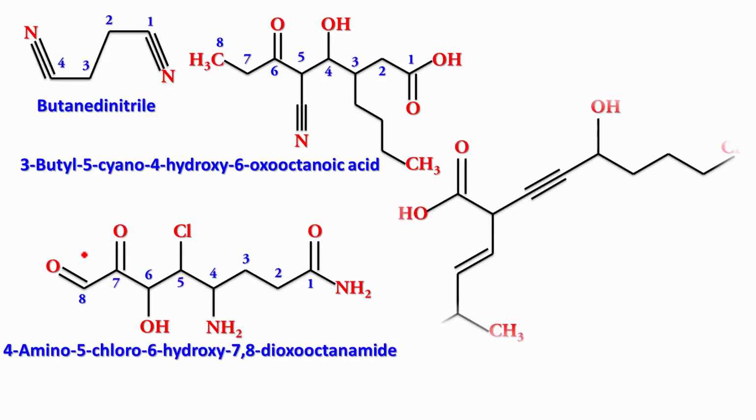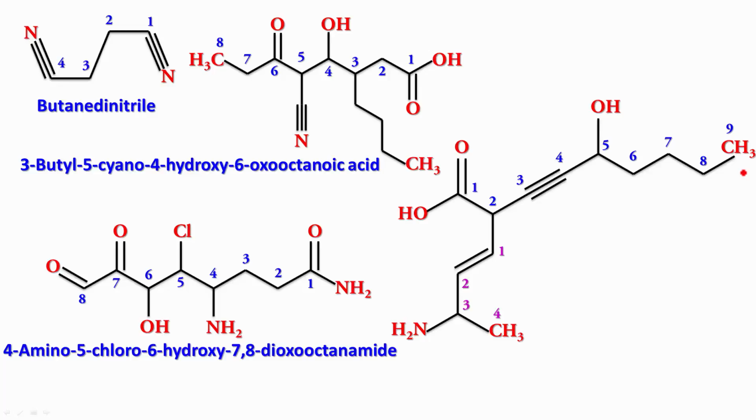Alright, try this one. Now I have multiple bonds. We got a carboxylic acid now. For carboxylic acid, the parent chain should include the maximum number of multiple bonds, and if that is the same, the maximum number of carbon atoms. So the parent chain is this. 1, 2, 3, 4, 5, 6, 7, 8, 9. 1, 2, 3, 4.